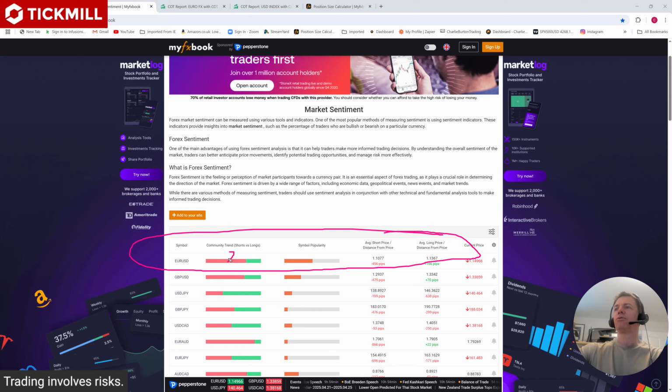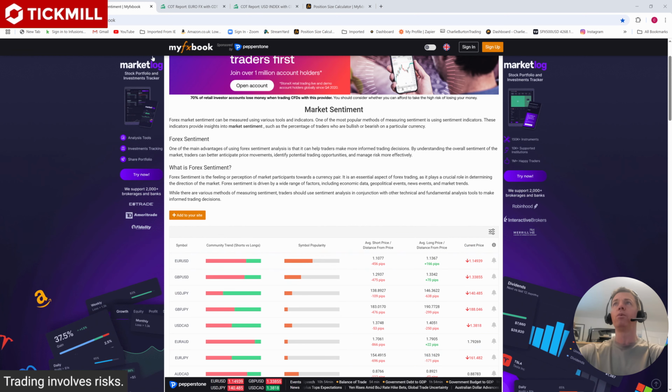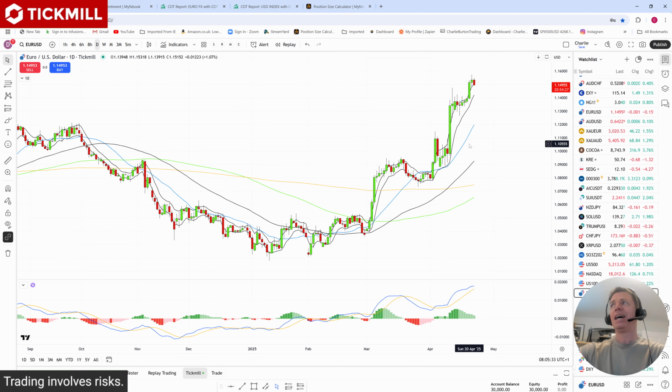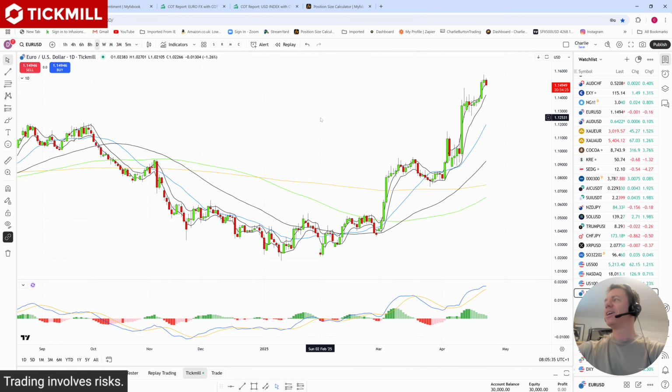Something like 73%, I was looking at this earlier, are short the euro dollar, for example. They are on average 456 pips underwater, because so many retail don't use stop losses. There's nothing wrong with shorting the market, but have a stop in. They don't. So that's where retail are at the moment.